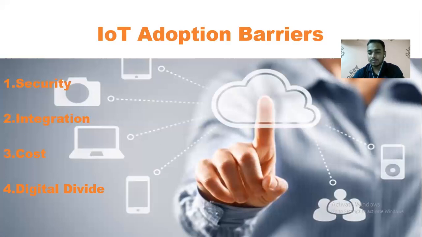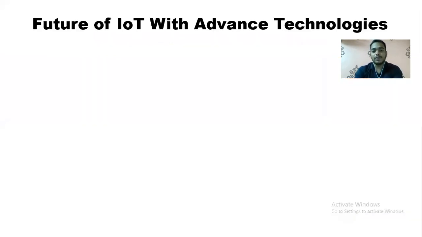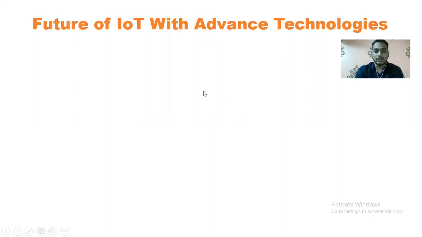Some people don't know anything about the technology of IoT, so this digital divide is for that kind of people. Our next point is the future of IoT with advanced technologies. For that, I want to show you one best video for a better understanding of the future of advanced IoT technologies.